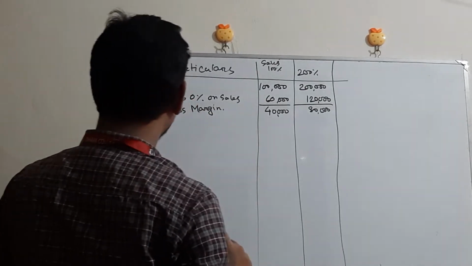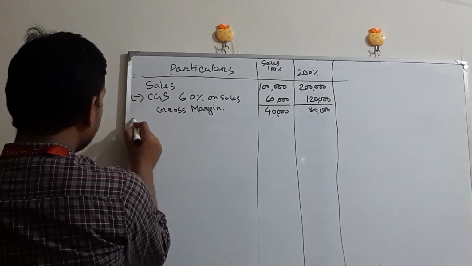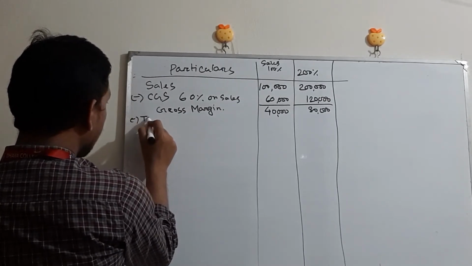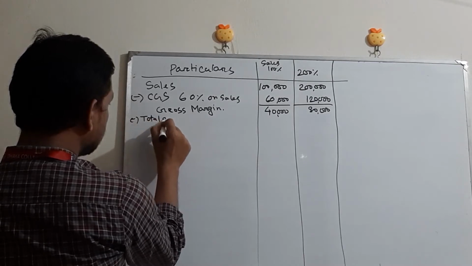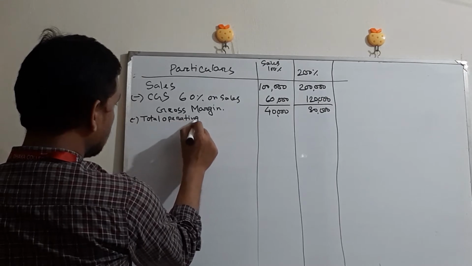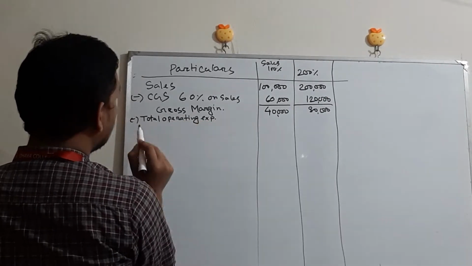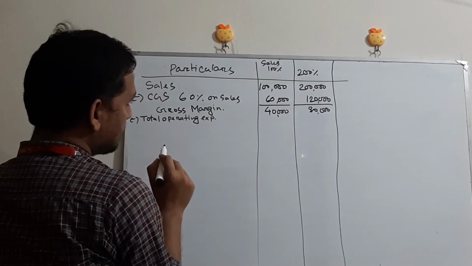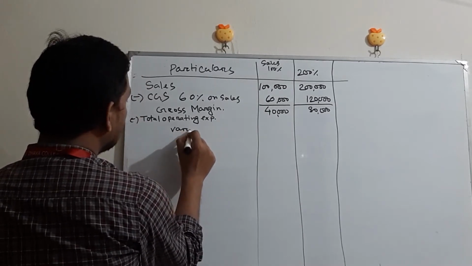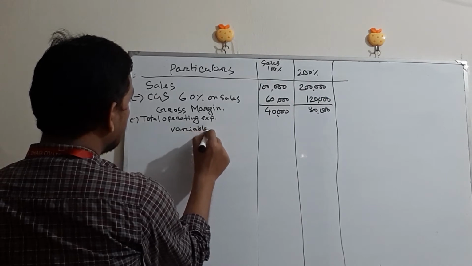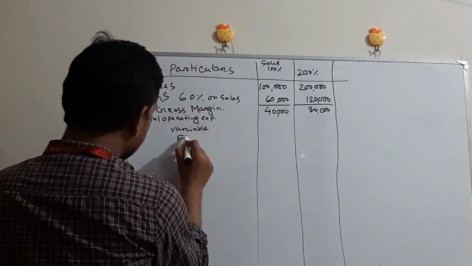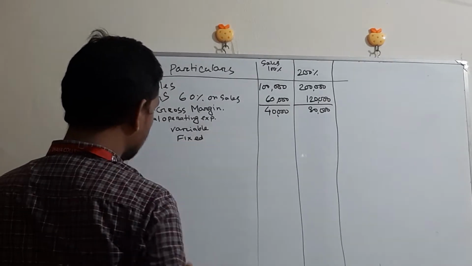Less total operating expense. Total operating expense has two parts: one is variable and the second is fixed.